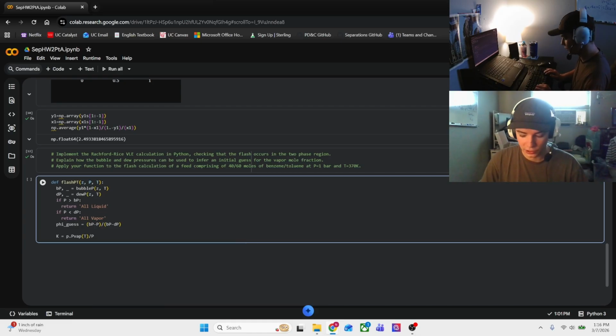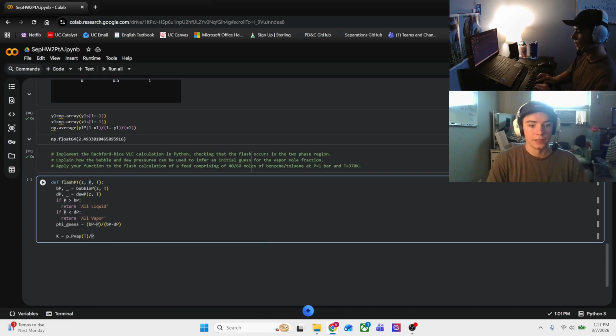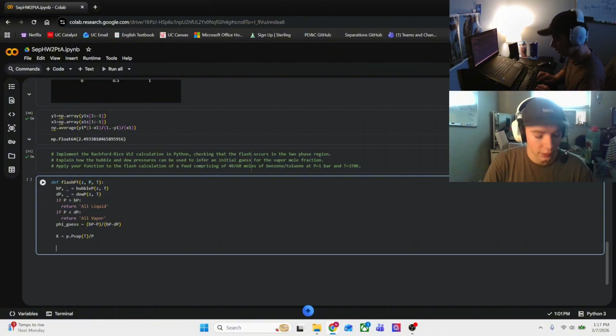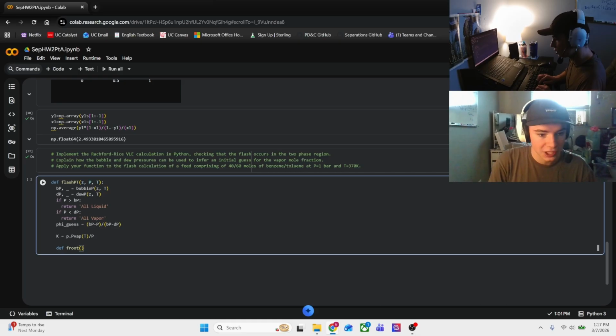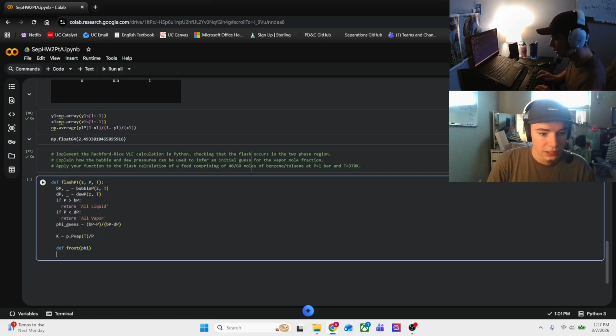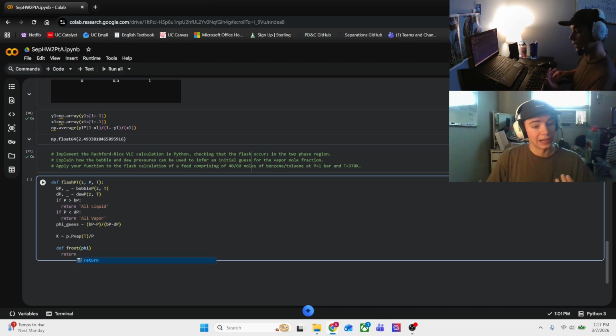So moving on from here, we need our root finding function. So we're going to define a root finding function again as f root, and we are trying to find our actual phi. And from this, we're just going to return our Rachford-Rice equation.